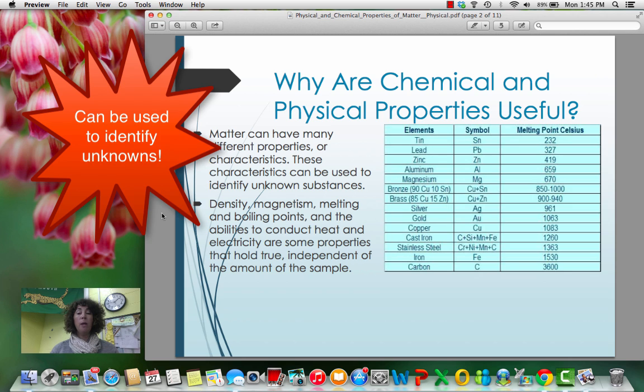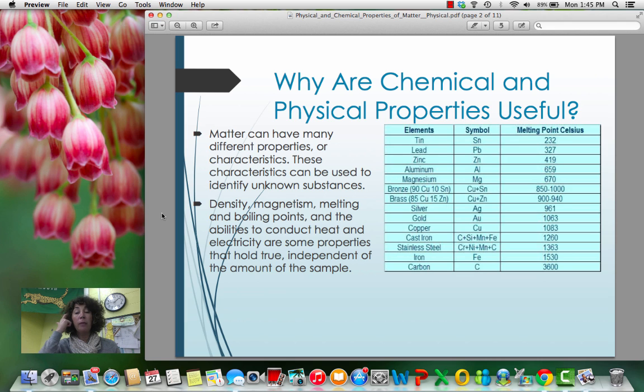So for instance, if we know that tin has a melting point of 232 and lead has a melting point of 327, if we have two samples and we don't know what they are, we could certainly try melting. And then depending on which one melts at 232, we would know which one is tin.